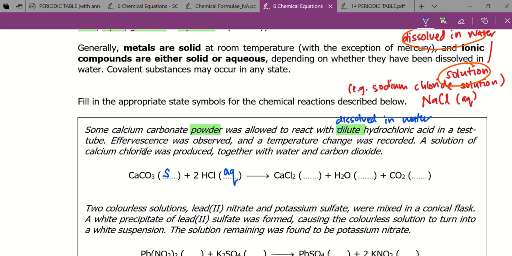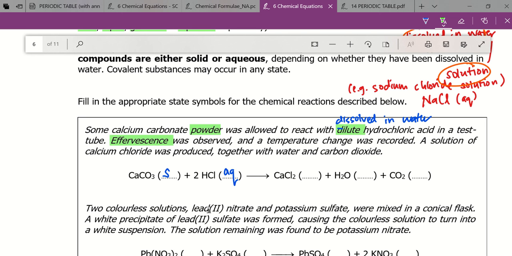Calcium chloride. Okay, let us continue reading. Effervescence was observed and a temperature change was recorded. The word effervescence, sometimes we see this word in our vitamin tablets, right? So the word effervescence is actually another word for bubbling or bubbles.